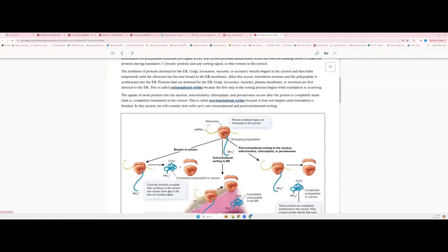A sorting signal is just a short fragment of the polypeptide, for example about 6 to 12 amino acids. Those small specialized fragments decide where the protein will be moved to. That's called the sorting signal peptide.